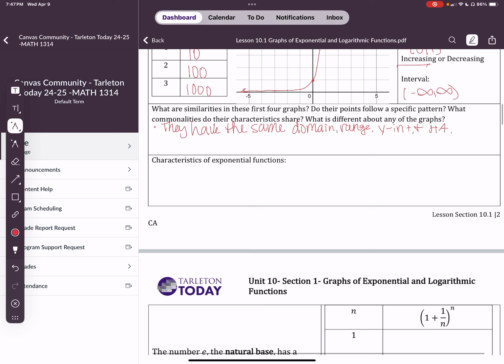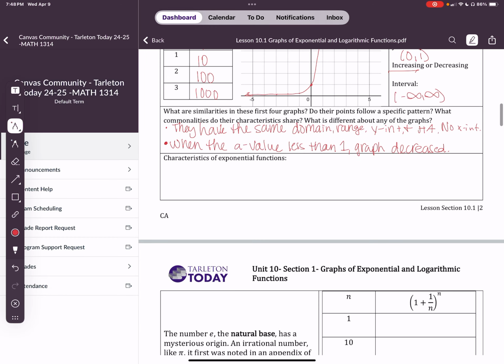Okay, they also have no x-intercepts. Also, I don't know if you noticed this, but if you looked at the equation, when the a value, which is the number that was raised to the power, was less than 1, the function was decreasing. Okay, if a was greater than 1, it was increasing. So I'm just going to put vice versa here.